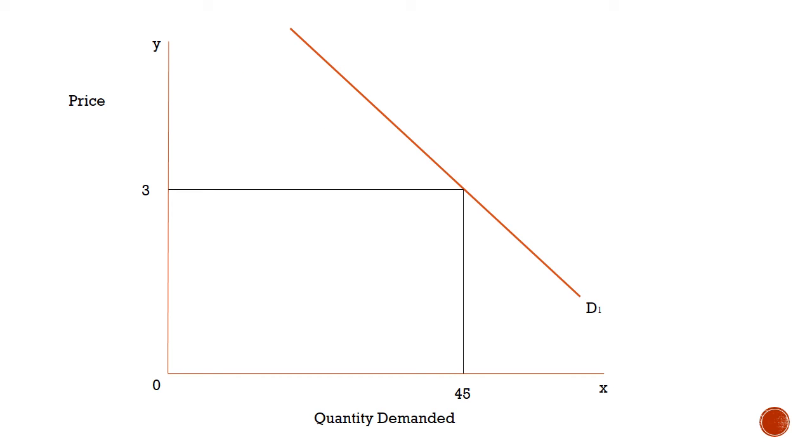Now students, we are drawing the diagram of leftward shift in demand curve. So I have drawn the diagram of demand curve and labeled the x-axis same as before, quantity demanded, and the y-axis as price, and I have given quantity demanded as 45 and price as 3 rupees.